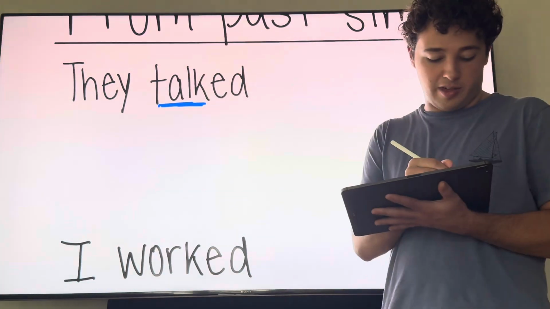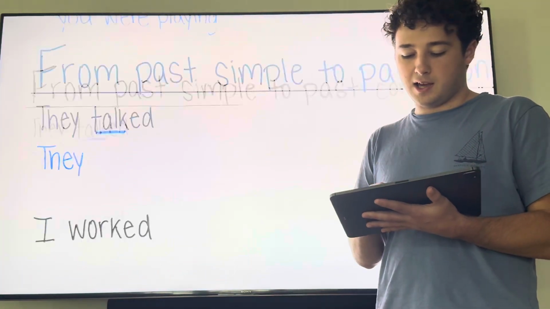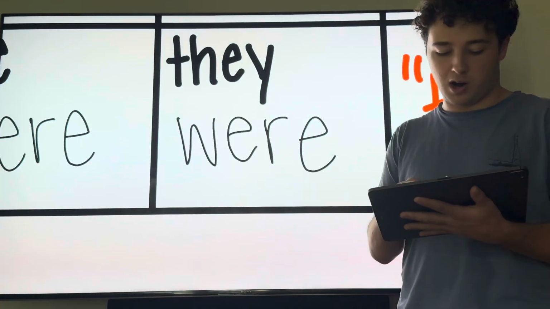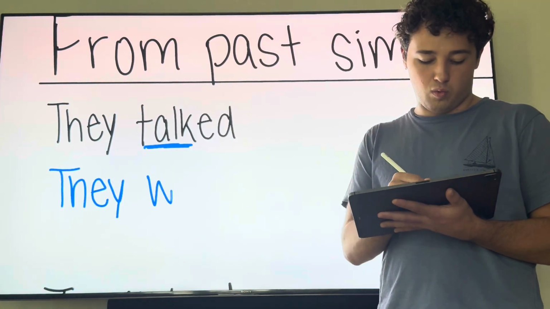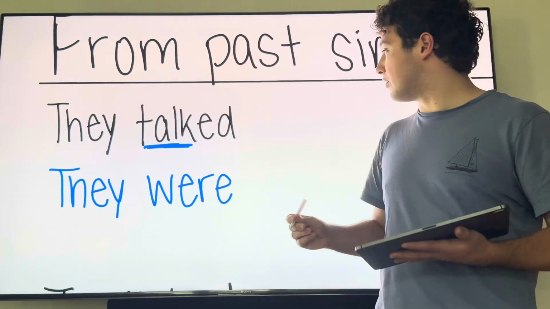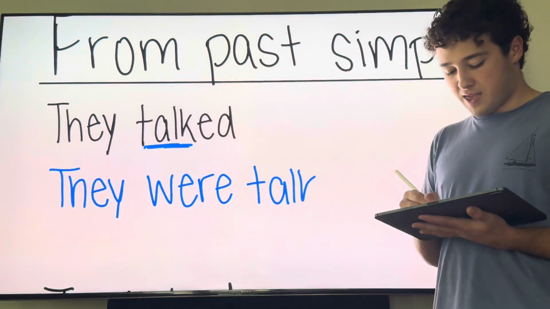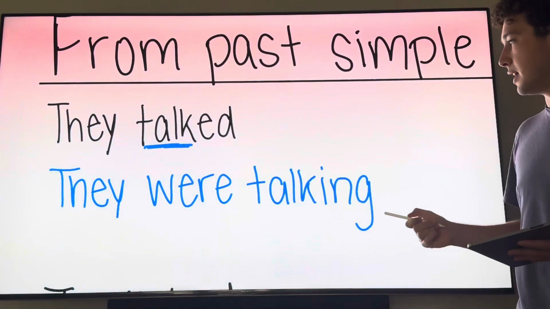So you take they, take the past simple conjugation of they, which is were. They were. Take the verb, which is talk, and then add ing. They were talking.